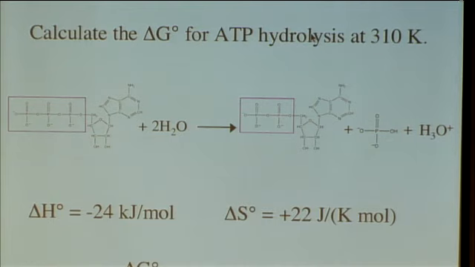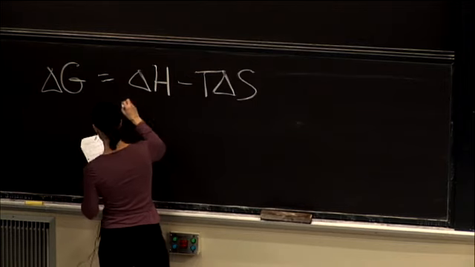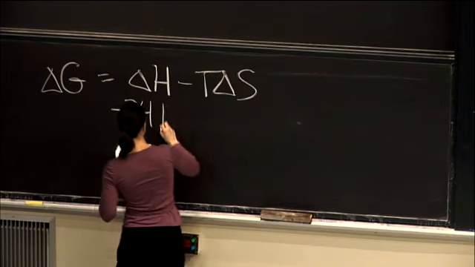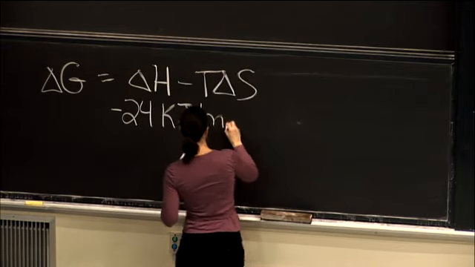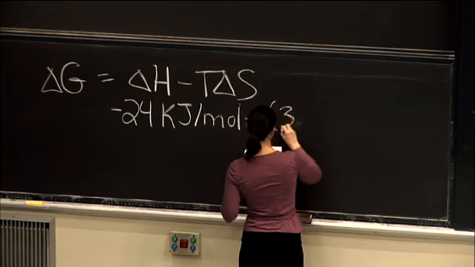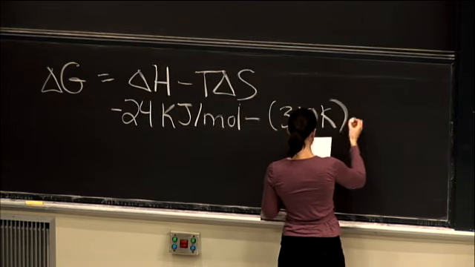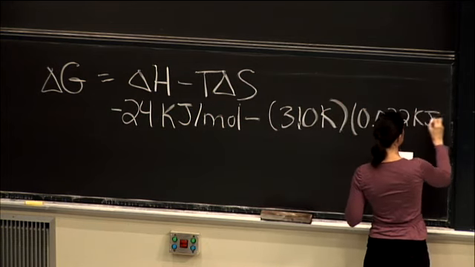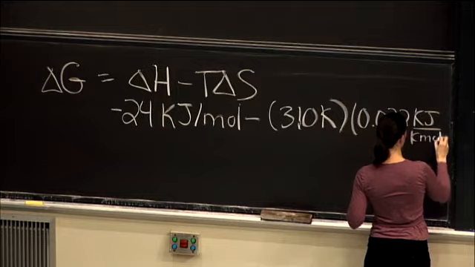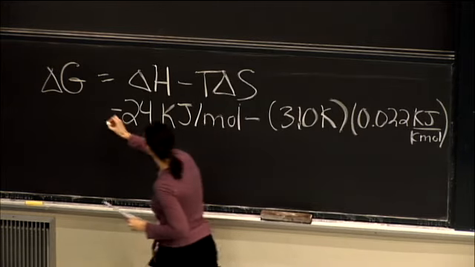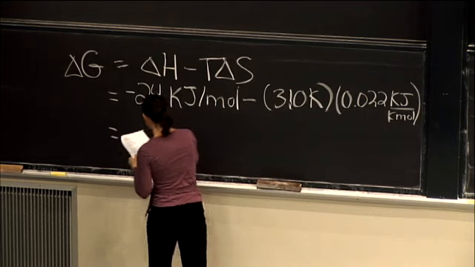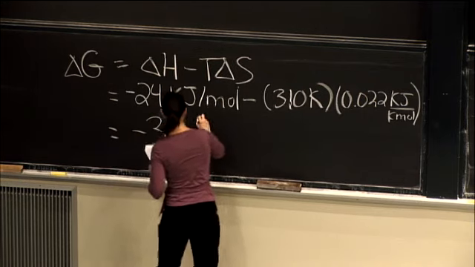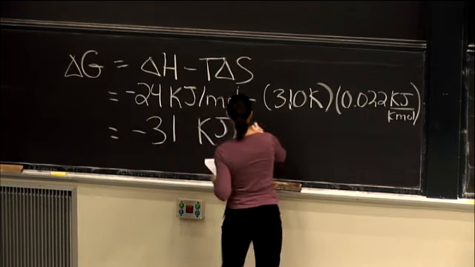The delta G of this overall reaction is just going to be, of course, delta H minus T delta S. And our delta H is minus 24 kilojoules per mole, and we'll subtract 310 Kelvin times 0.022 kilojoules per K per mole. So if we do this, what we end up getting is a delta G of negative 31 kilojoules per mole of ATP.